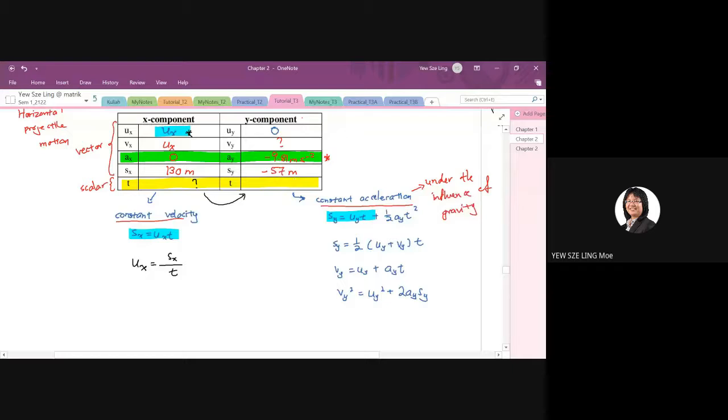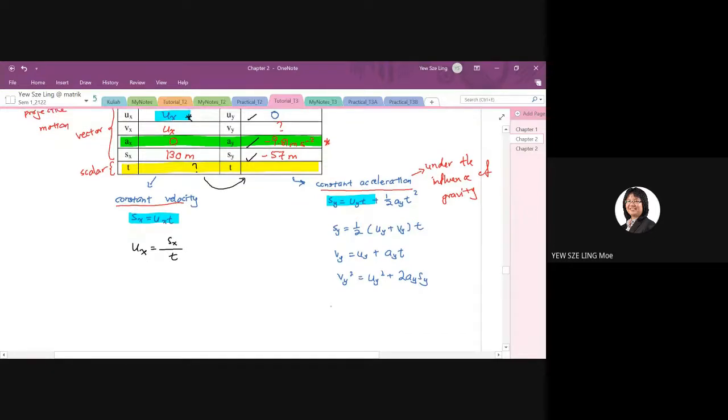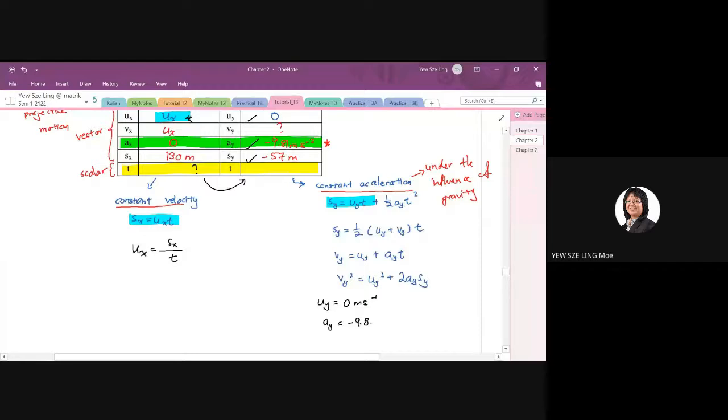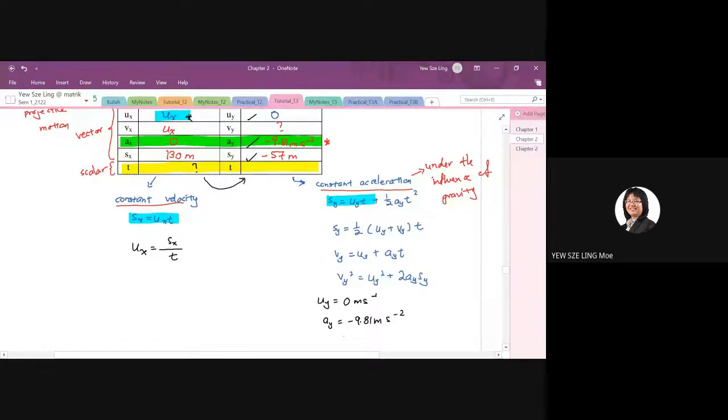So for the y component, do we have enough information to find t? Well, we have. We have uy, we have ay, we have sy. So we have 3 known variables and 1 unknown. Uy is equal to 0 ms negative 1. Ay is equal to negative 9.81 ms negative 2.